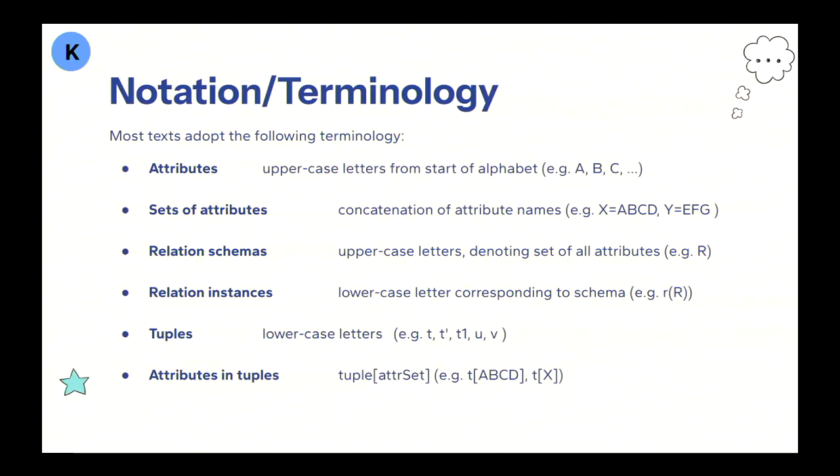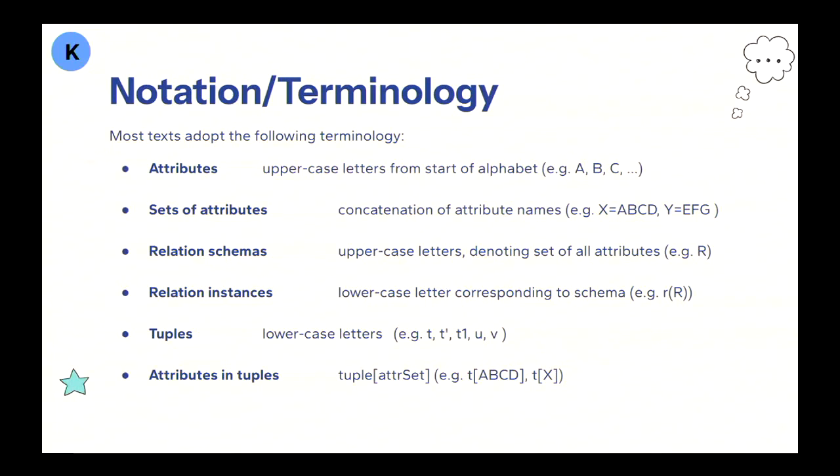For example, X is a set of attributes made up of A, B, C, and D. Y is a set of attributes made up of E, F, and G. This is how we denote sets of attributes. For relational schemas, we use an uppercase letter denoting the set of all attributes, for example R.